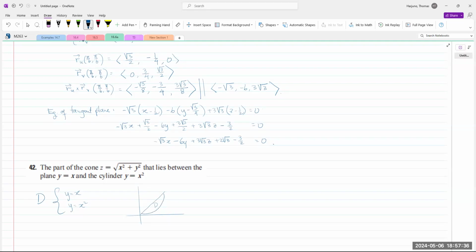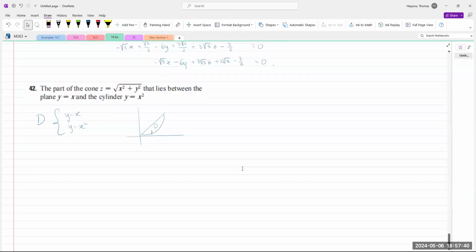Okay, while the cone itself, we can easily parameterize that using x and y, or you can just parameterize that regularly, right?